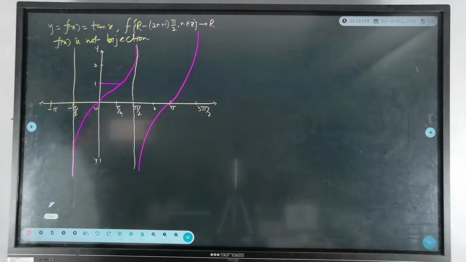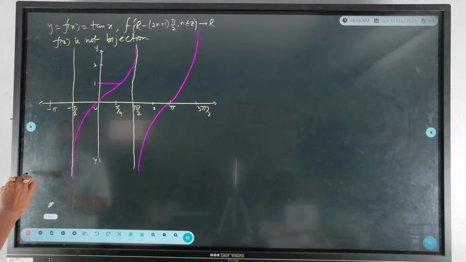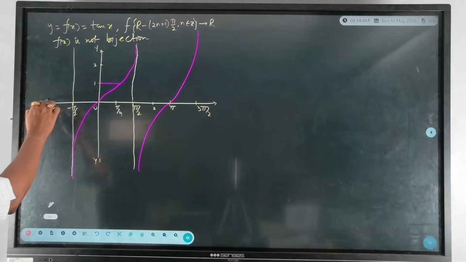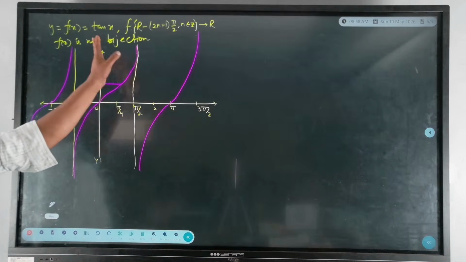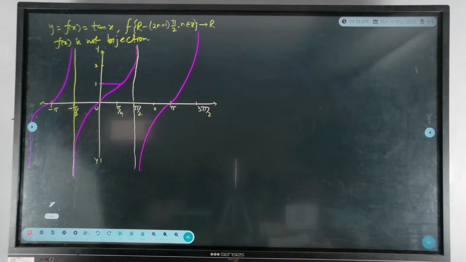Right. If you take 270 here, it will come like this. So if you draw a line parallel to the x-axis, the curve is cut at more than 1 point, so it is not a bijection.